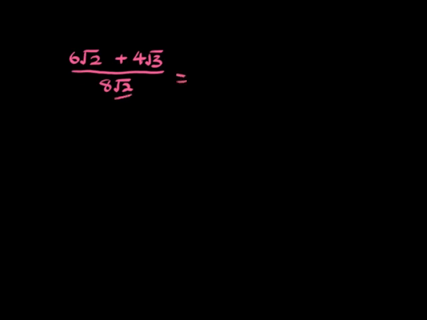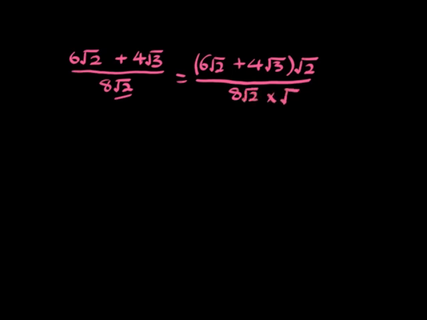So this gives us 6 root 2 plus 4 root 3 multiplied by root 2. At the denominator now we have 8 root 2 multiplied by root 2. So in the aftermath, 6 root 2 multiplied by root 2 gives us 6 root 4.